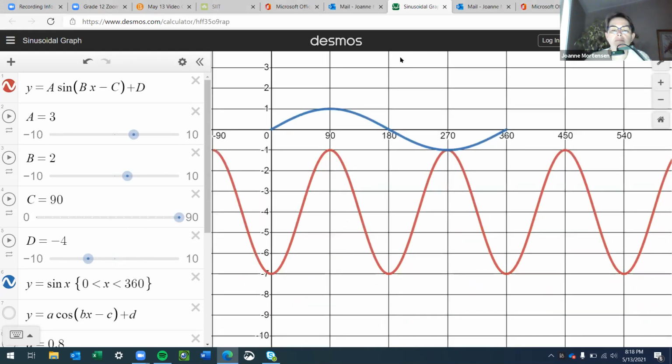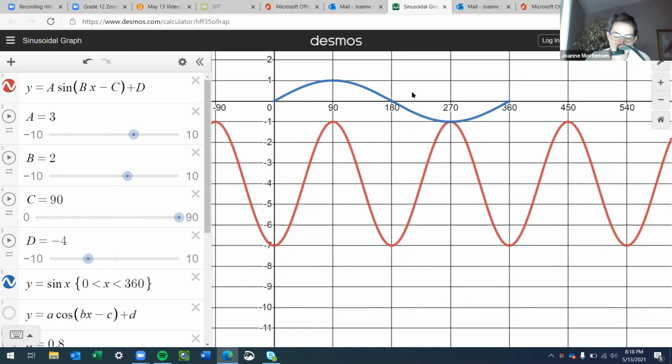So we'll move that up. All right. Now here's minus 4, what's the word I want? Midline. Let me draw that in. I like the midline. And don't judge my ability to draw a straight line.